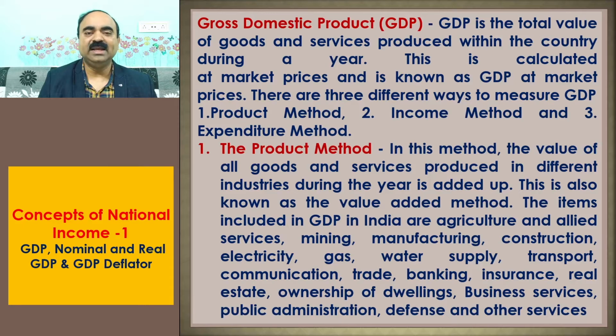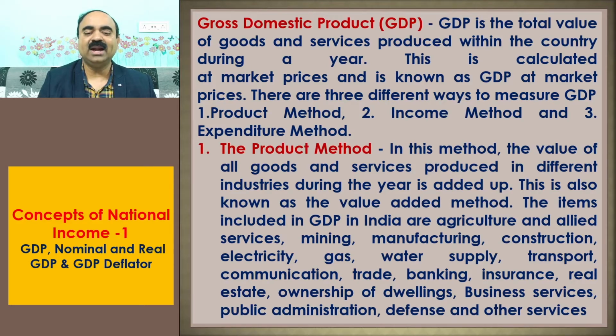1. The product method. In this method, the value of all goods and services produced in different industries during the year is added up. This is also known as the value added method.